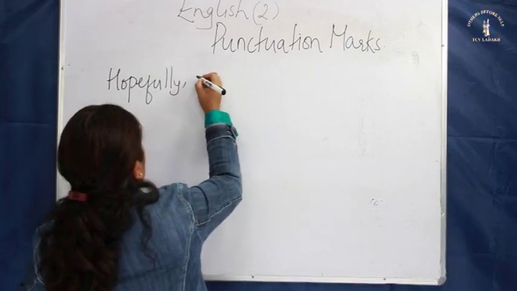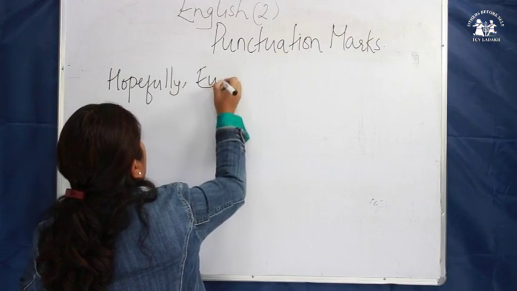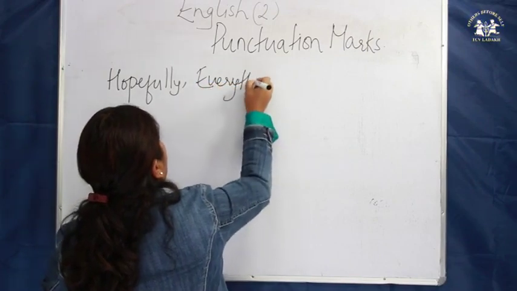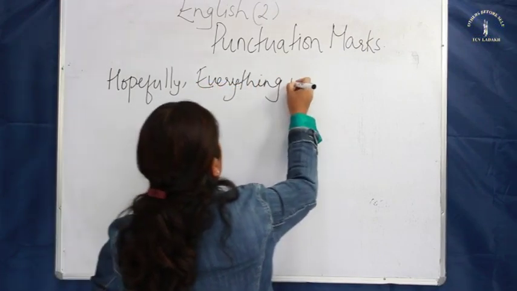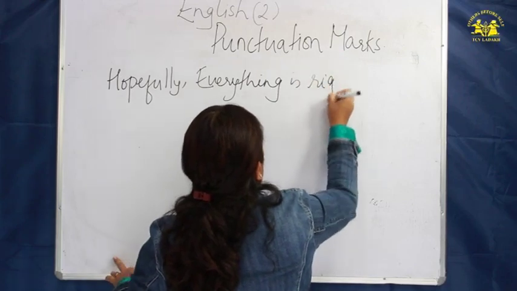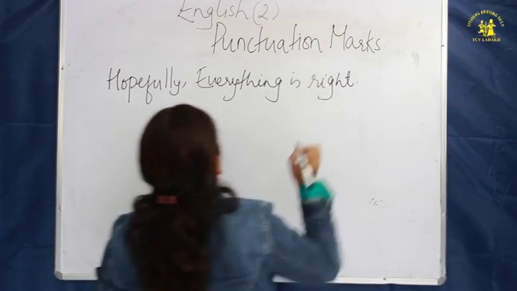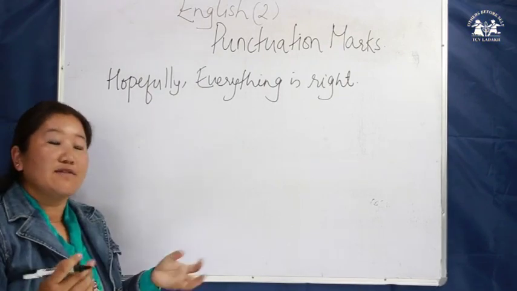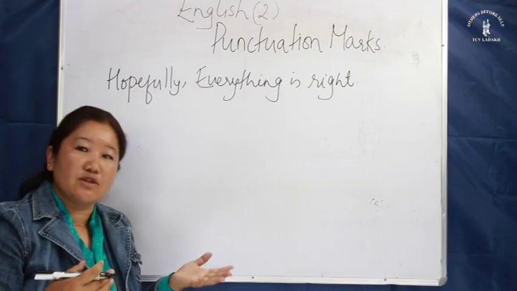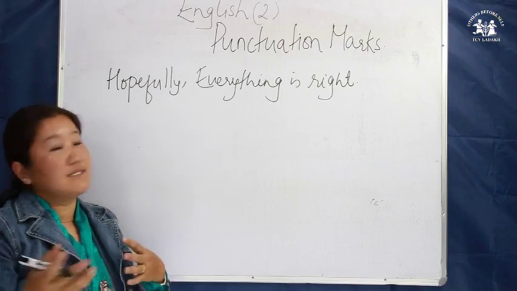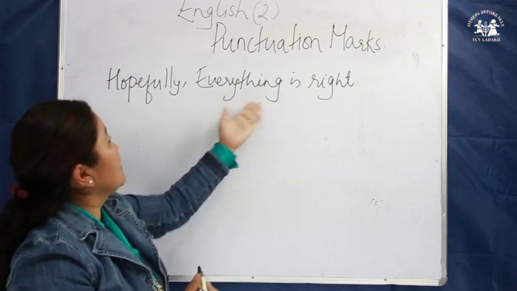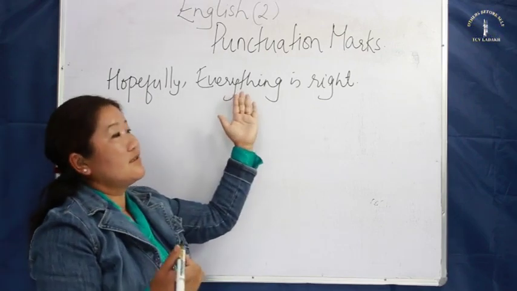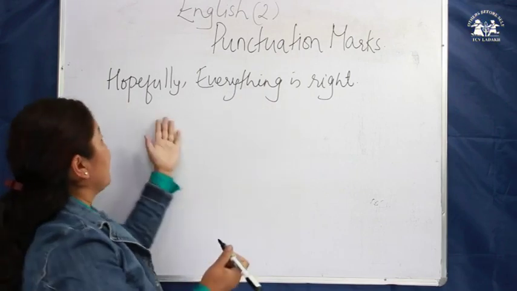Hopefully, everything is right. Words like hopefully, sadly, frankly, gradually are words where you use a comma to set them away from the main clause.